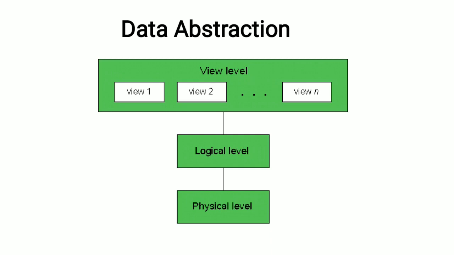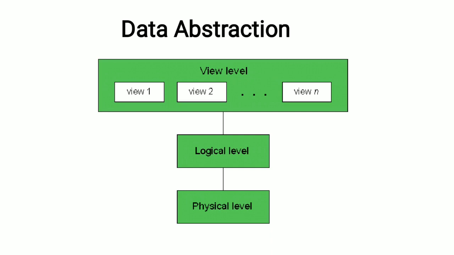The customer can view only the name or ID of the employee but cannot access the whole record, that is, employee salary, address and all things. That is all about physical level, logical level and view level. View level means user level. Physical level is the lowest level that describes how the actual data are stored.